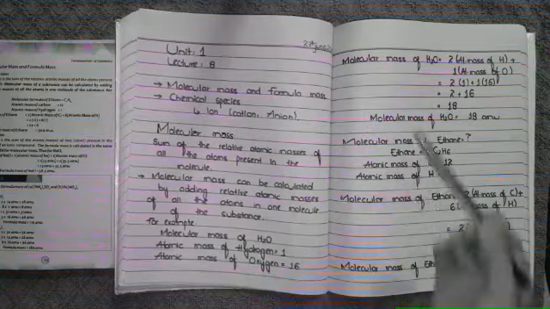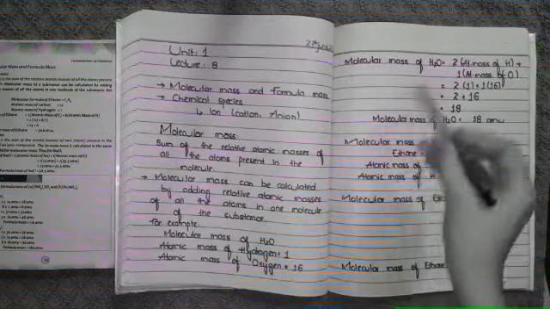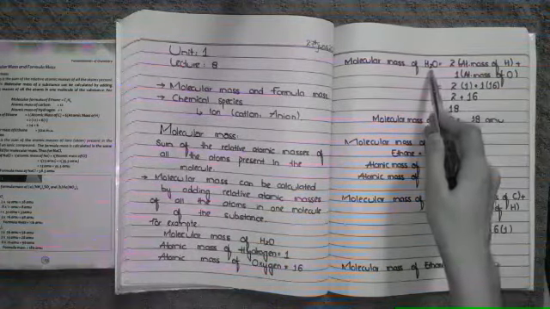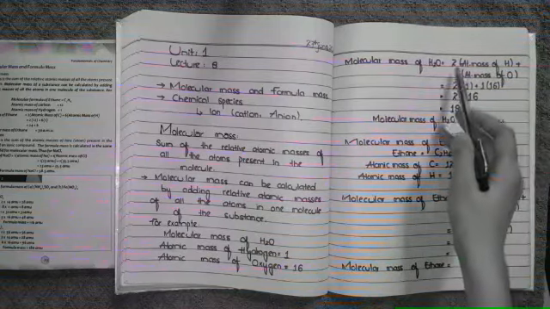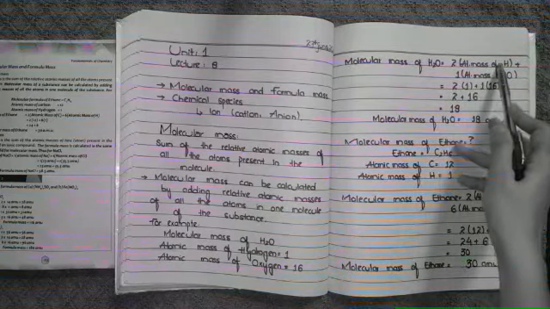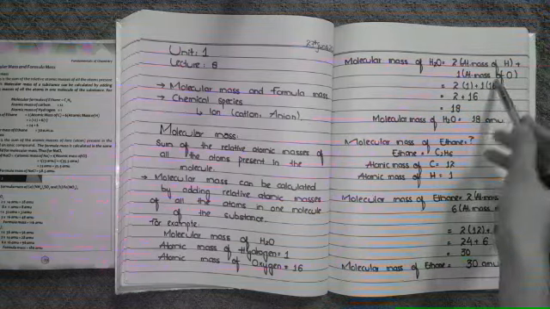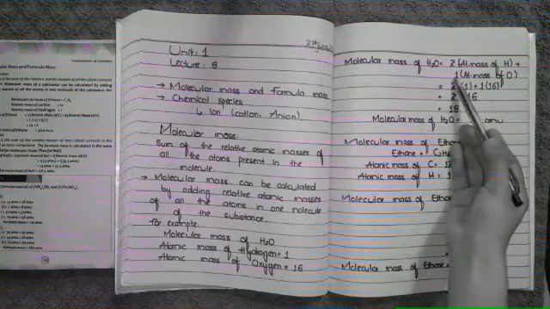So, in order to find the molecular mass of water, we are going to multiply the number of times an atom is present with its atomic mass. So, 2 into the atomic mass of hydrogen, and we will add it with the atomic mass of oxygen, as oxygen is present one time, so multiplied with 1.